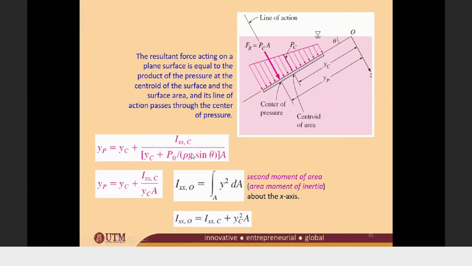Now, where is the center of pressure? First, you get the FR, and then you want to find the center of pressure.